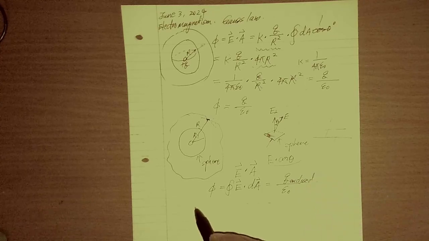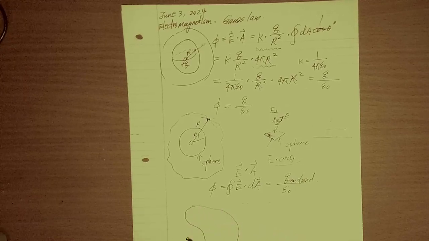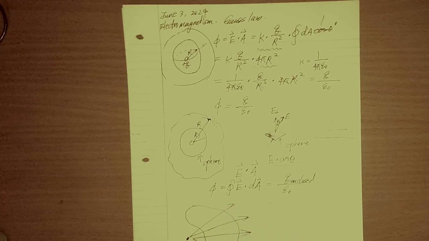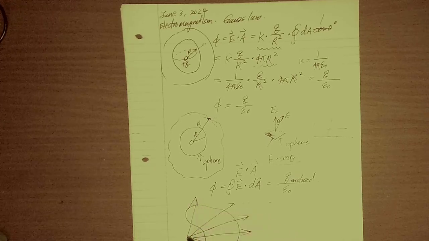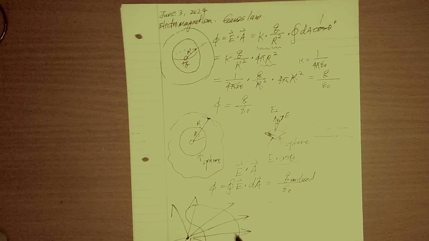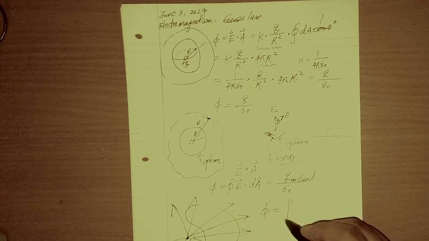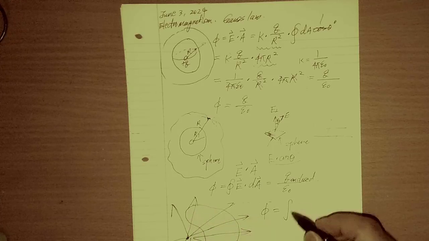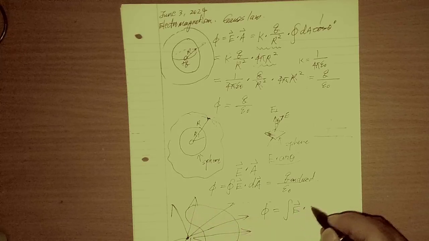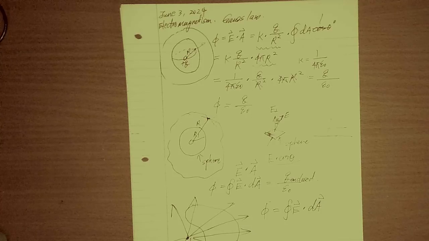In other words, if we have a sphere like that, and a charge outside of it, then the electric field is going to be passing through like that, and so on and so forth. If we look at the electrical flux about this area, it's going to be E dot dA, the complete integration of the surface.